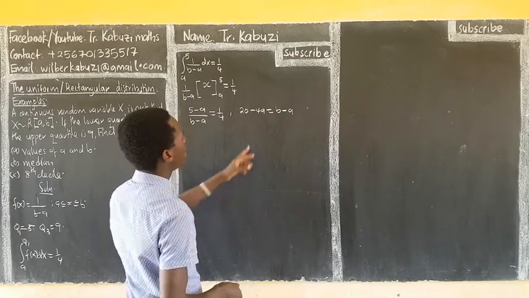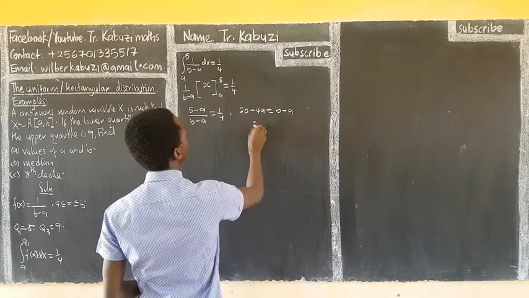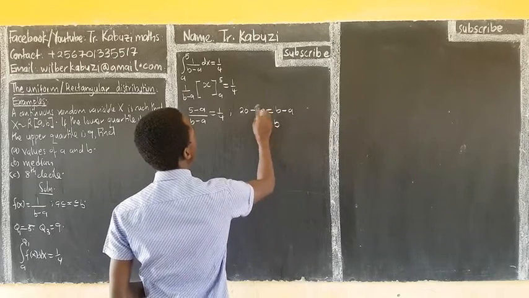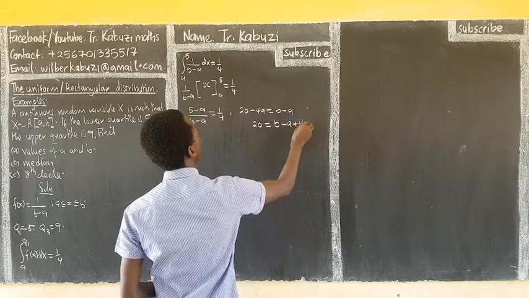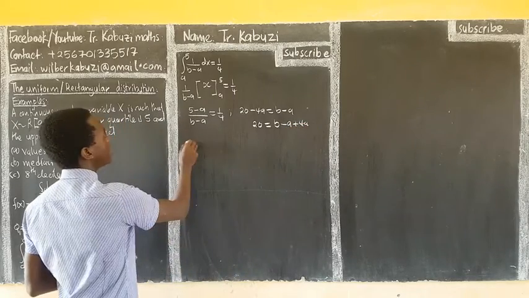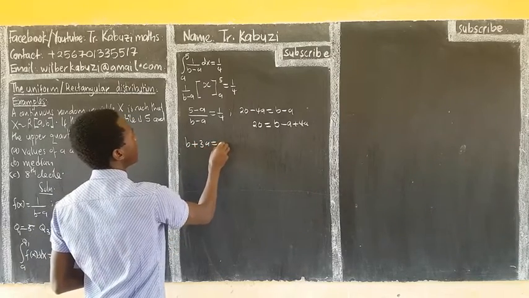Taking everything to the other side, I'll now have 20 equaling b, and when I take this side, it becomes minus a plus 4a. Don't make a mistake there. So now my b plus 3a is giving me 20.